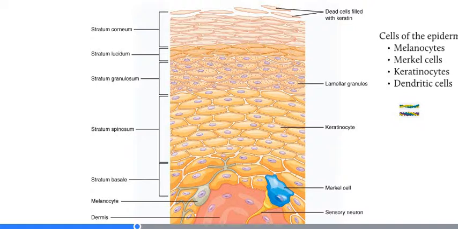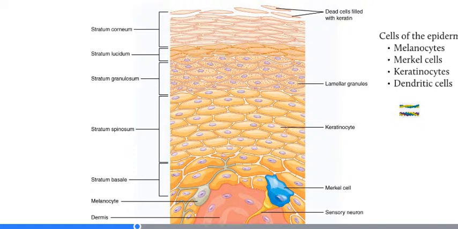One of the resulting cells will be pushed up into the next level of cells, and therefore push older cells higher and higher up into the various layers of the epidermis. The other cell will remain in the basal layer as a stem cell that can undergo further mitosis to increase the number of cells in the epidermis.